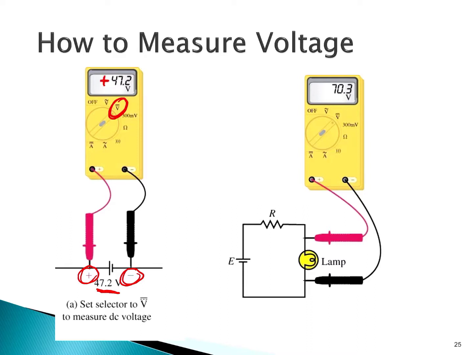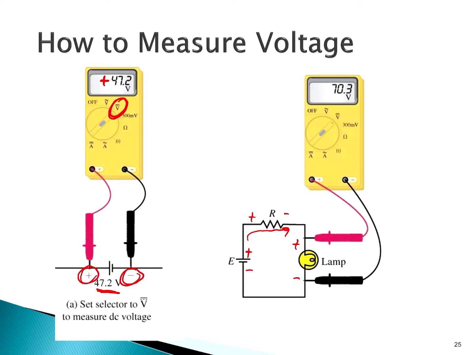Okay, so what if we look down here? We have a source voltage coming from this battery or DC source with a positive and negative polarity. If we follow that around, we would see a positive and negative polarity across this resistance and across this lamp.